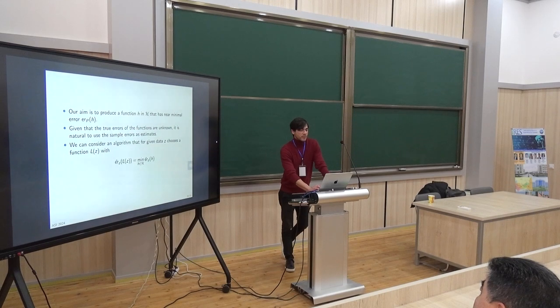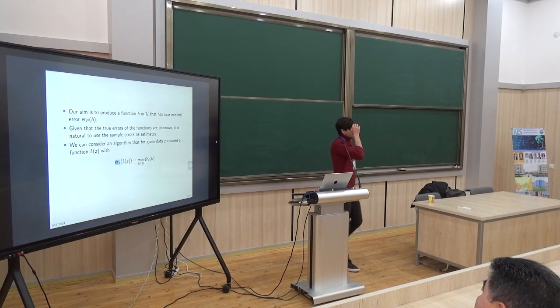So the condition is that whatever the output of L is for a sample C, when you evaluate the sample error of that, it's going to be the minimum among all the possible sample errors that you could get.